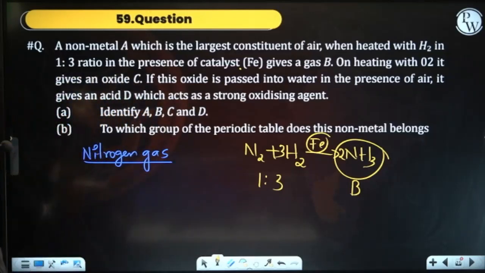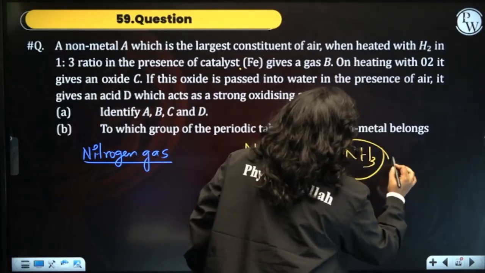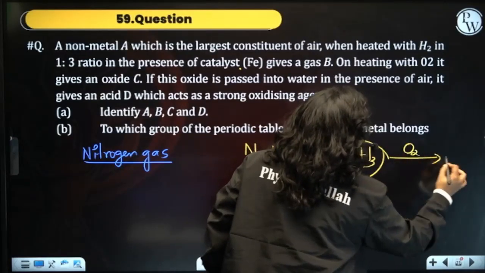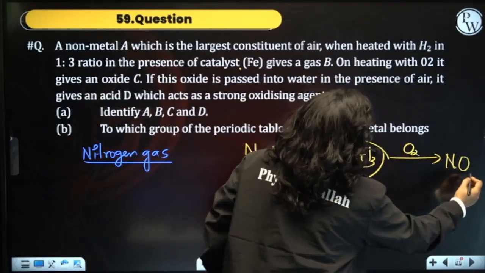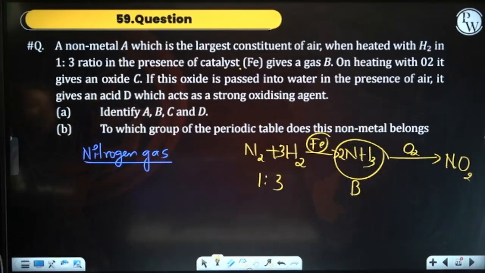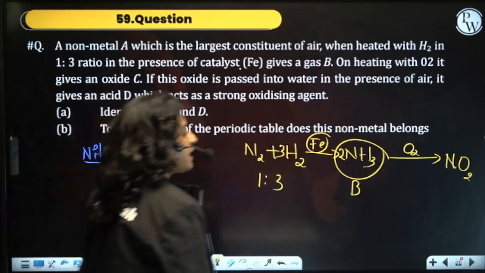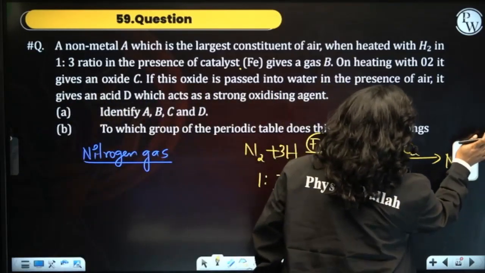On heating with oxygen, it gives an oxide. So now this B is further reacting with oxygen, giving an oxide. It could be NO2 or NO. You can keep it as NO2, but actually it should be NO. Nitric oxide is the one which you get.